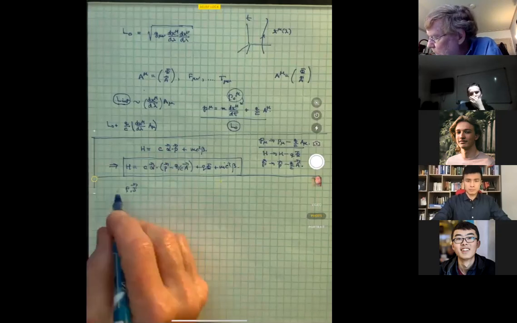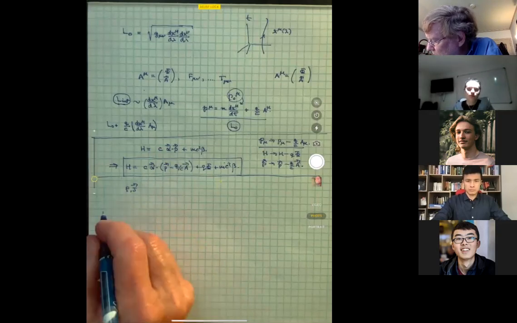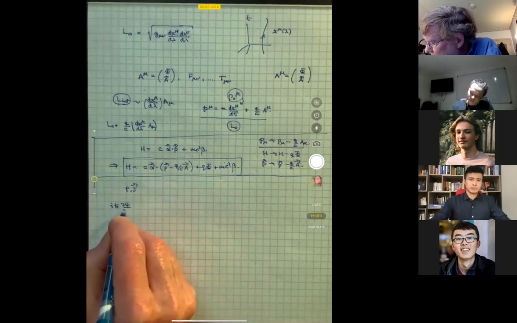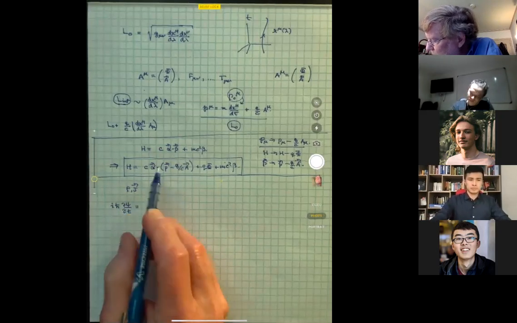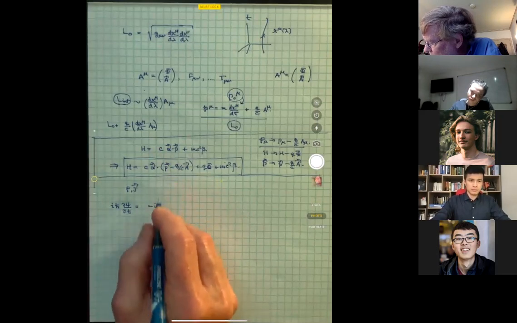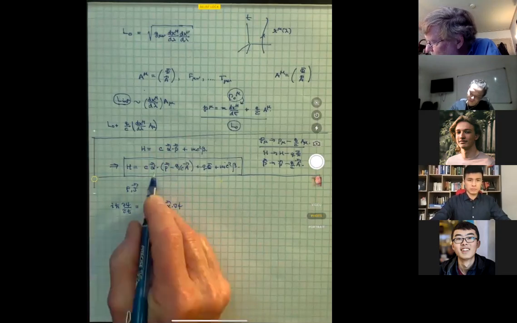I'm going to work this out by writing out the full Dirac equation as a differential equation. So the left-hand side is i h bar d psi dt. And for the right-hand side, I'm going to first take the C alpha dotted into P. So P is minus i h bar gradient. So it's minus i h bar C times alpha dotted into the gradient of psi. That's the first term.